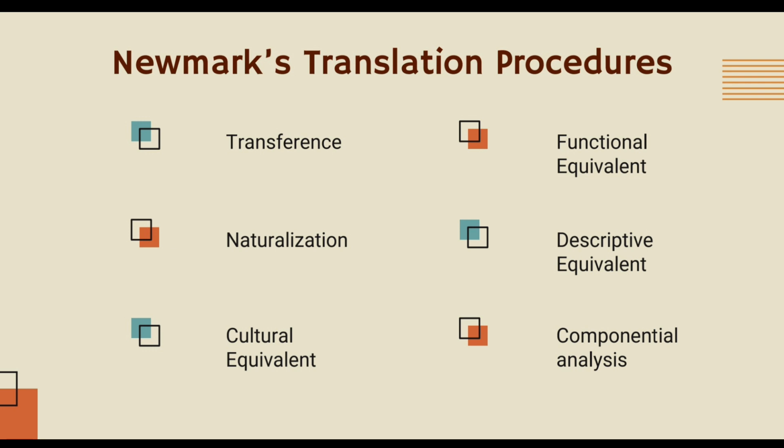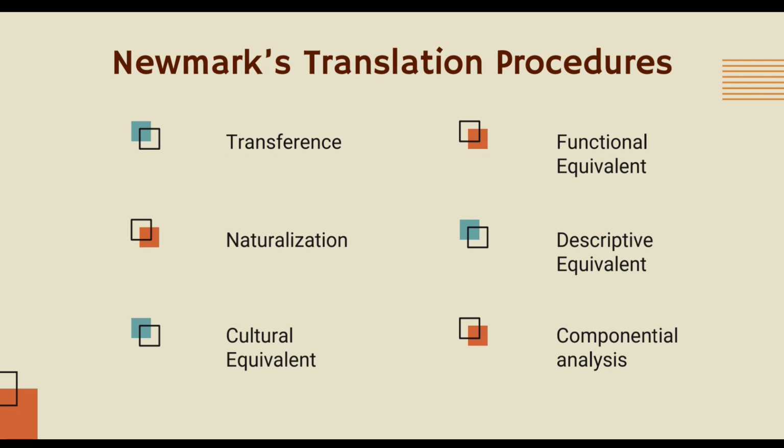Newmark's translation procedure. The following are the different translation procedures that Newmark, 1988b, proposed. 1. Transference. It is the process of transferring an SL word to a TL text.